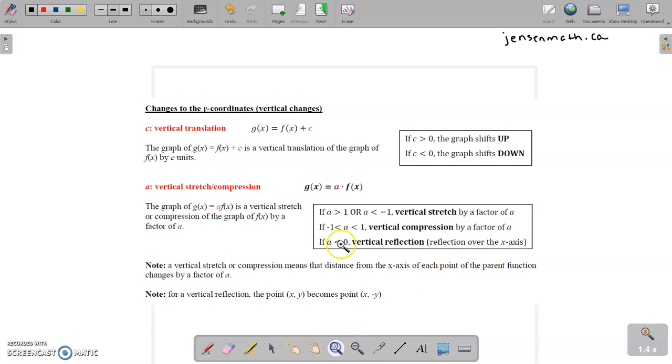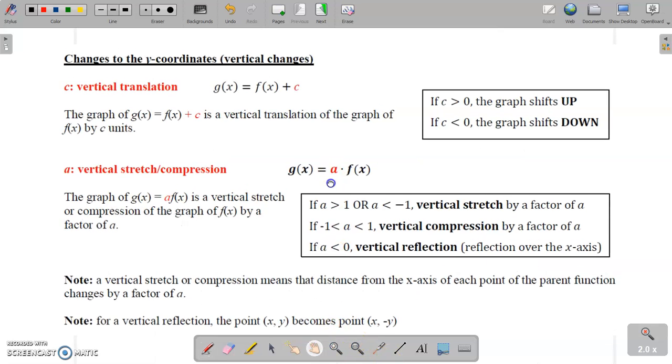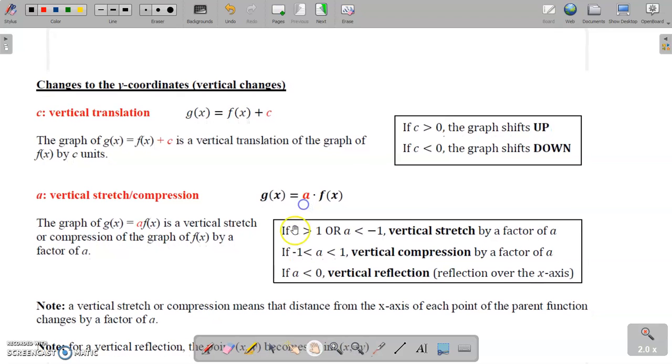So let's get started. If you recall from before the break, we began transformations and we're looking at the general form of a transformed function.